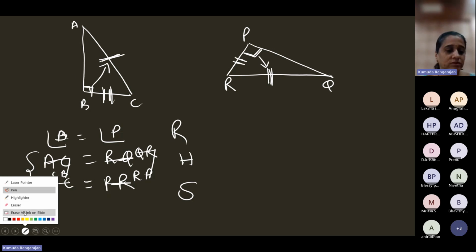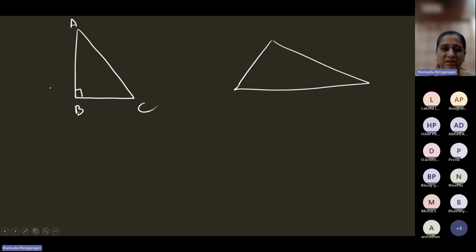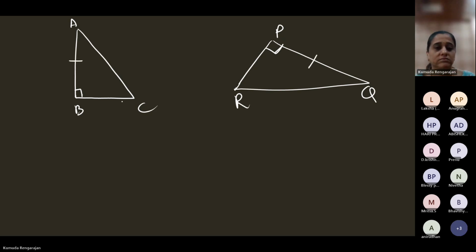Now, for the same two triangles, if we have information like this, now it looks small and big, ignore that. Now these are two right triangles.